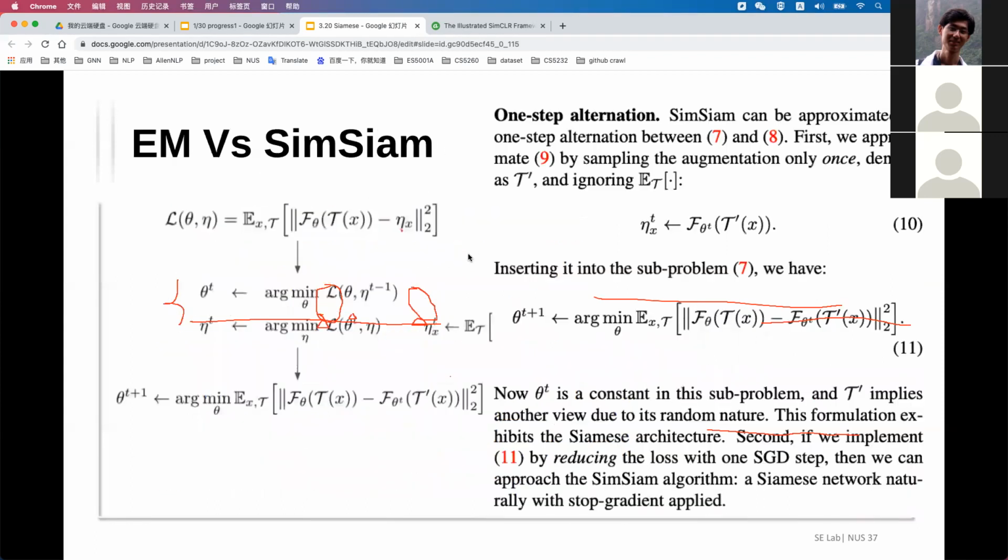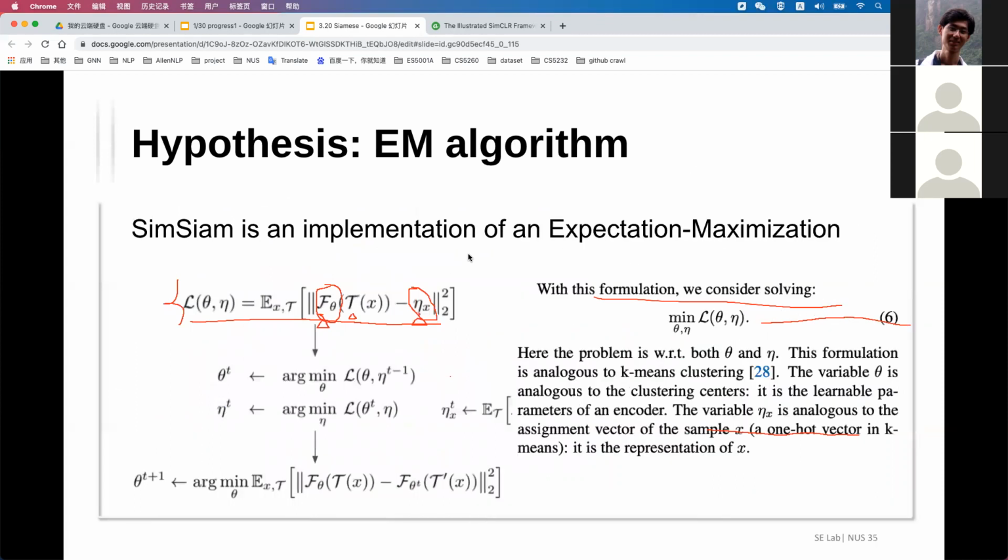But every deep learning model is an expectation maximization algorithm. And what's the specific part? I don't know, actually. I don't know, all neural networks are an explanation of expectation maximization algorithm.